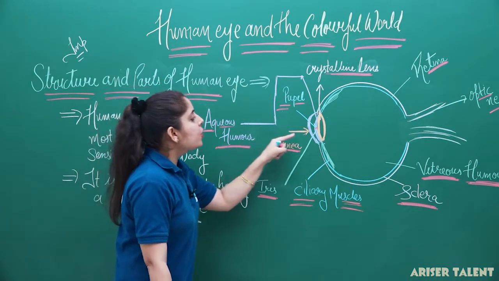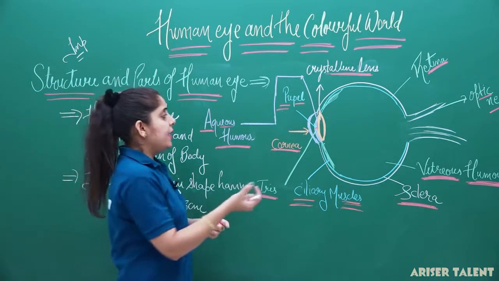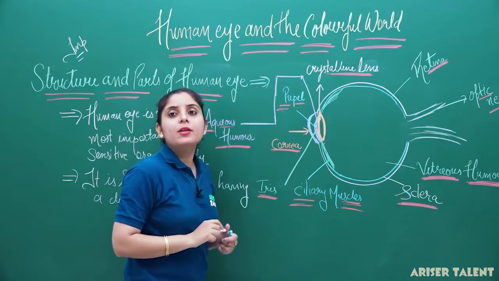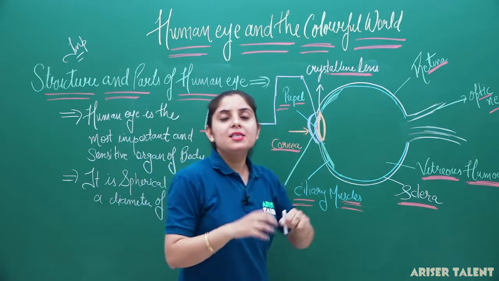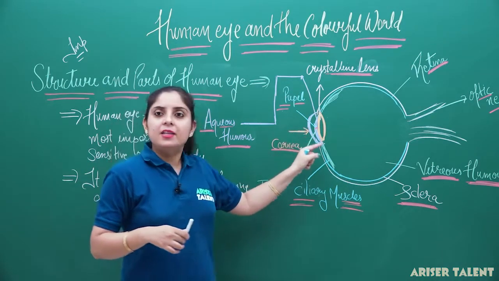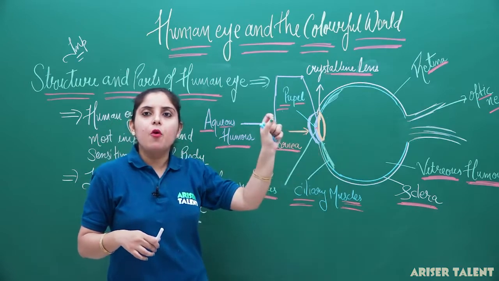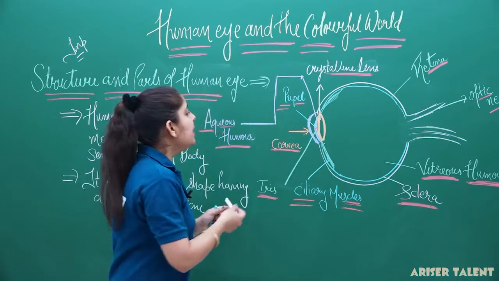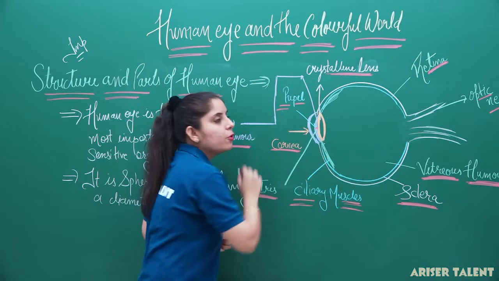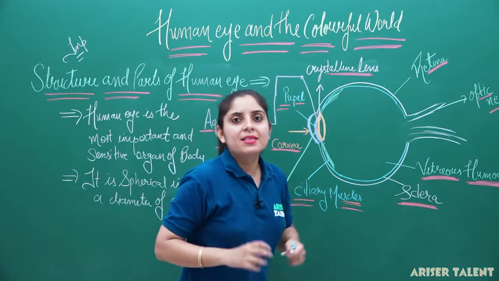Now, after the cornea, you can see that a part is situated that is known as the pupil. Now, what does the pupil do? After the cornea, the light is going to pass through the pupil. It will take the maximum of the light falling on our eye, and the iris will maximize and minimize the light.